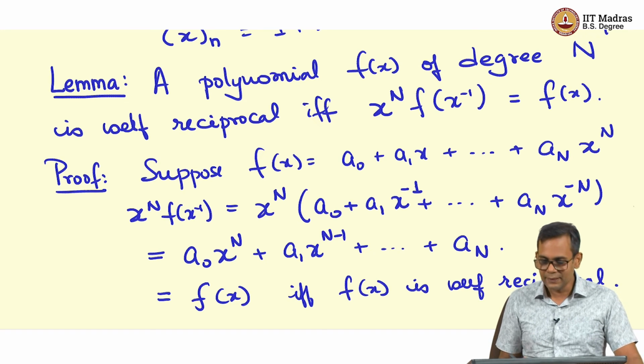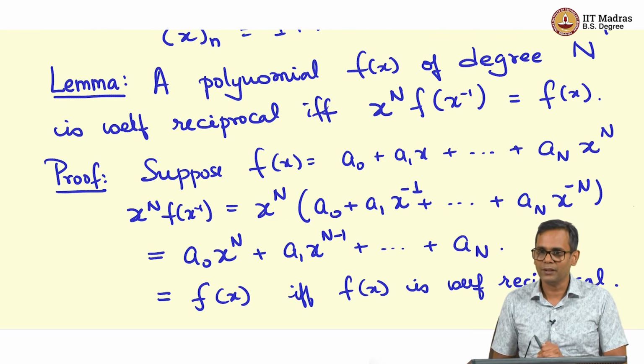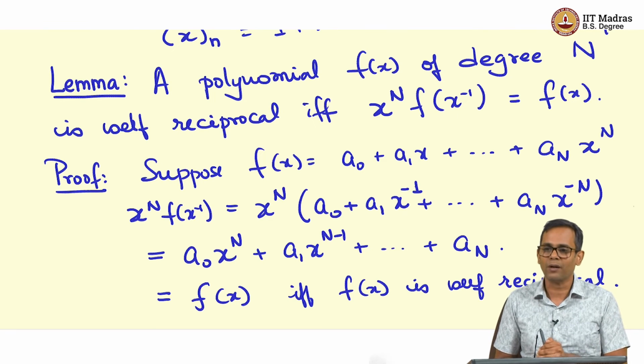Now, using this characterization of self-reciprocal polynomials, it is very easy to show that a product of two self-reciprocal polynomials is self-reciprocal.